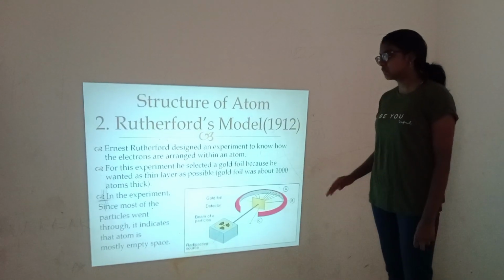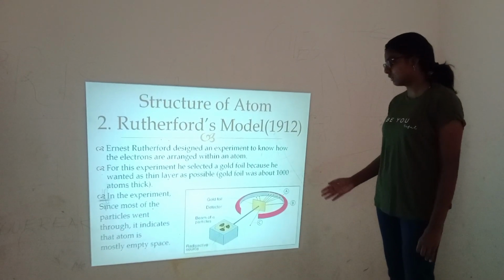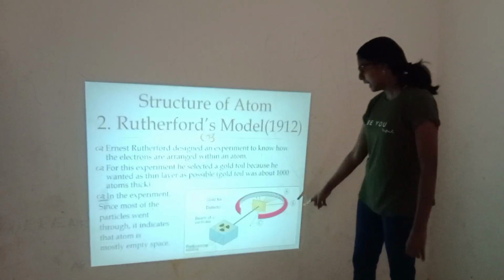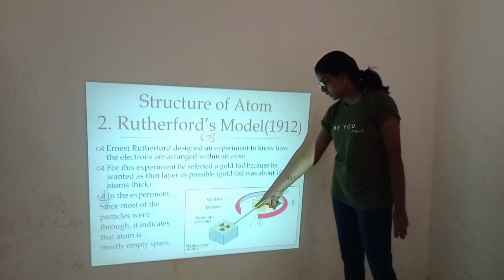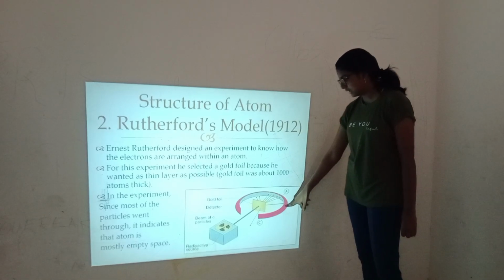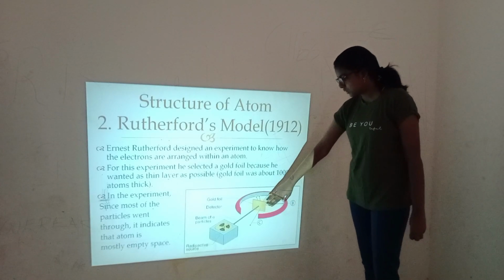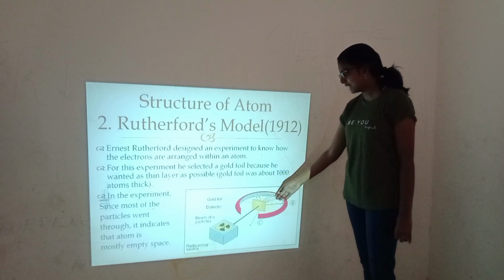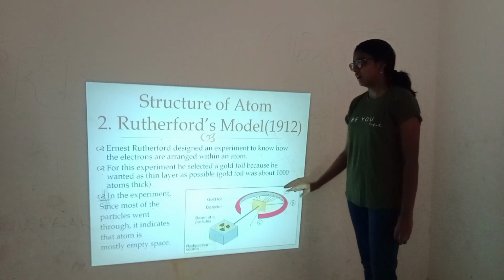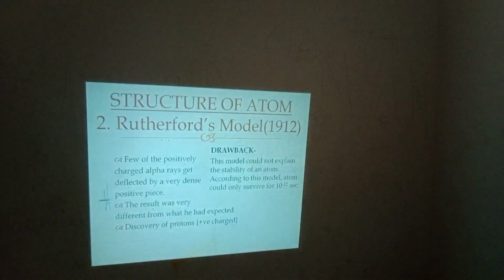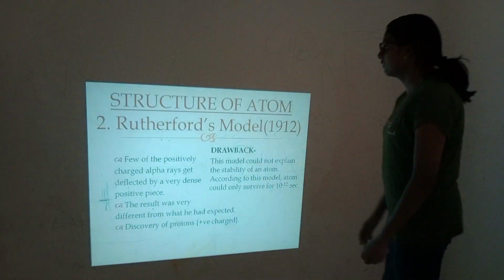In the experiment there was a radioactive source, this was the gold foil, and there was a beam of alpha particles, and this was the detector. When the beam of alpha particles was thrown at the gold foil, most of the particles went through it, which means that the atom is mostly empty space.